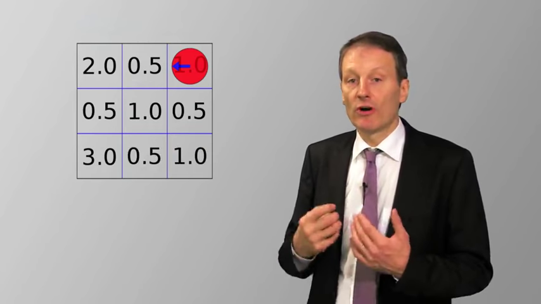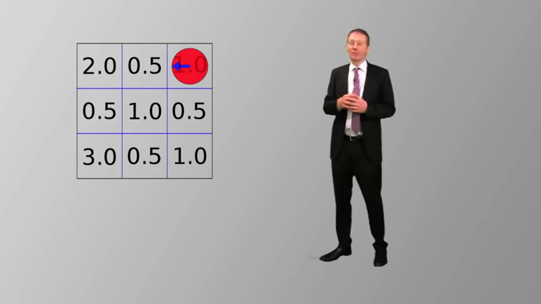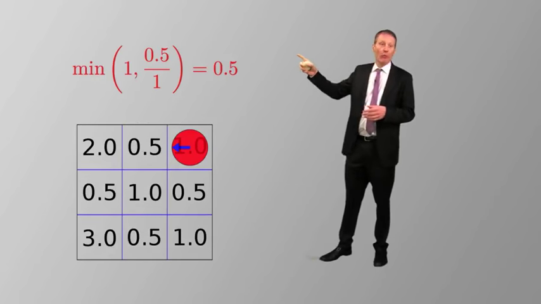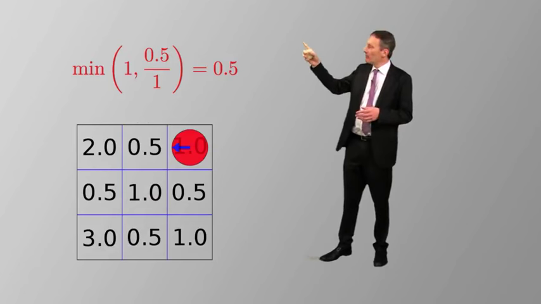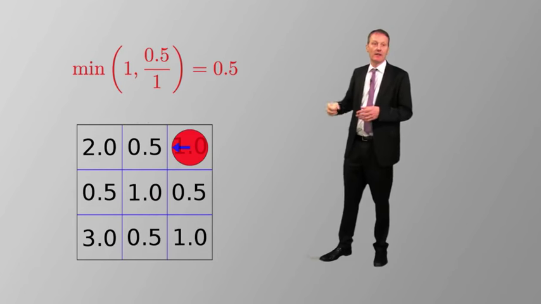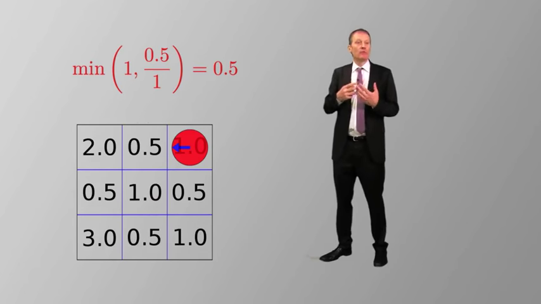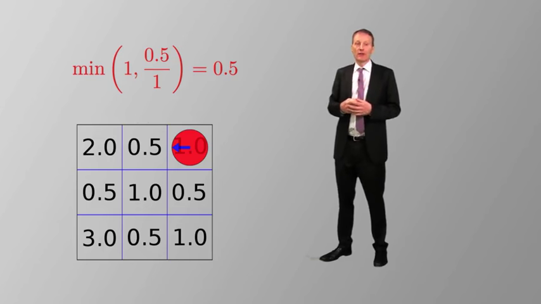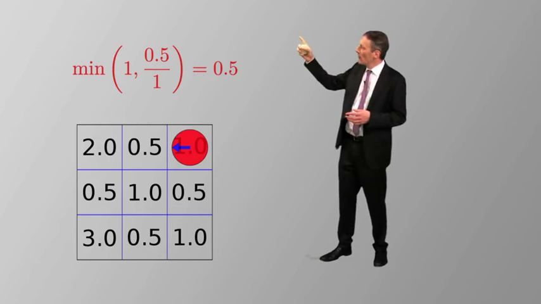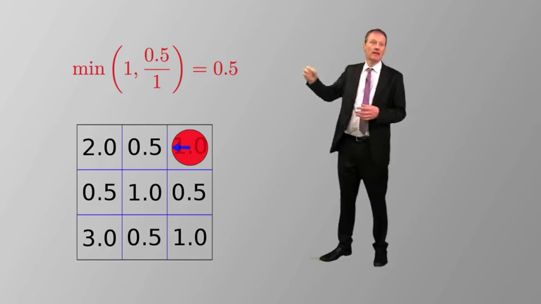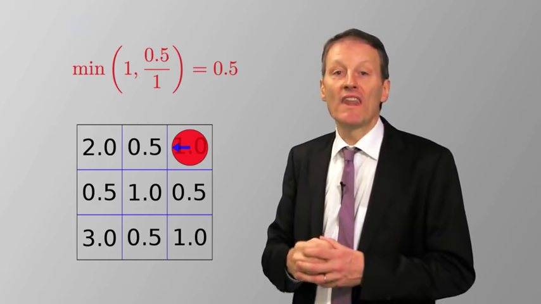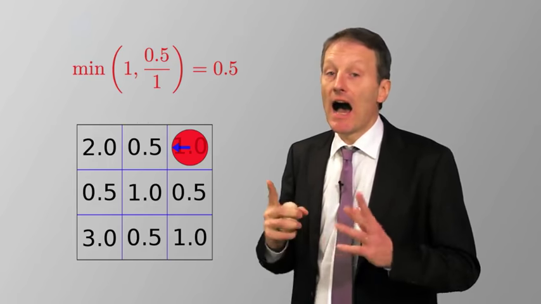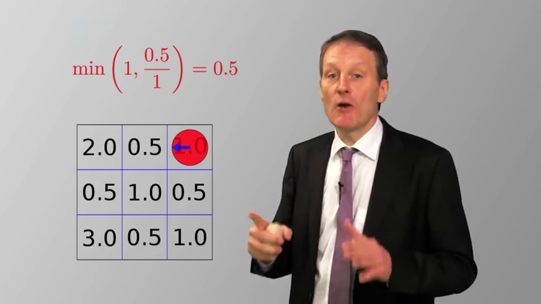We should accept this move with the probability minimum of 1, 0.5 divided by 1, which is equal to 1/2. So we should accept this move from the corner to the middle with the probability 1/2. Otherwise, we should stay where we are.